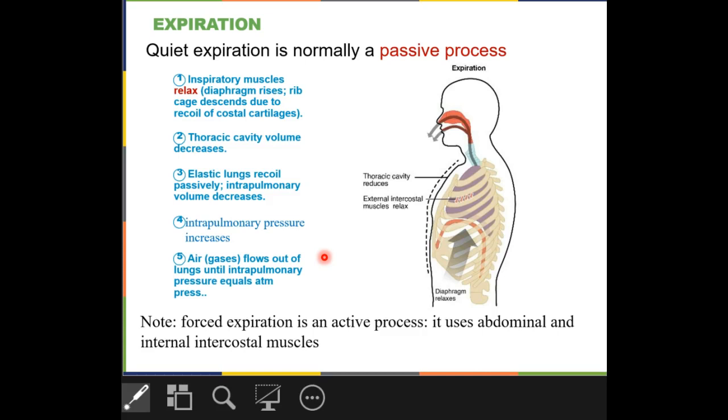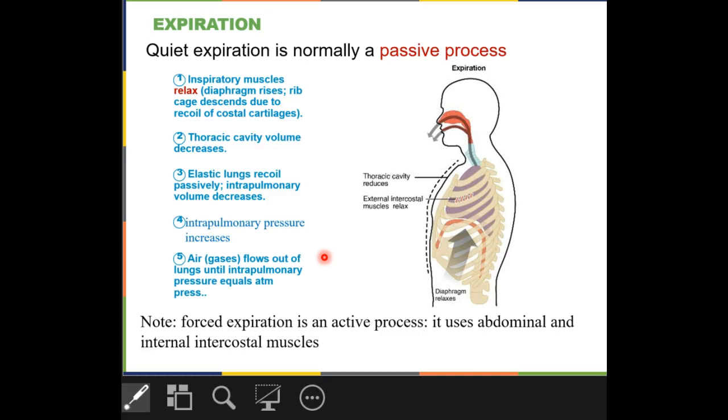So if you simply let out your breath, that is your intercostal muscles and your diaphragm relaxing, and your thoracic wall just elastically recoiling. If you're trying to blow out candles, then that's an active process that requires contraction of your abdominal muscles and your internal intercostals to compress your thoracic cavity and push air out.